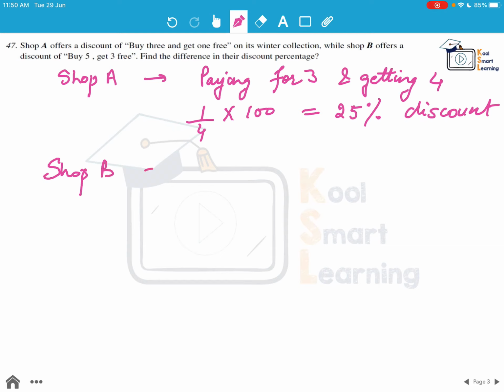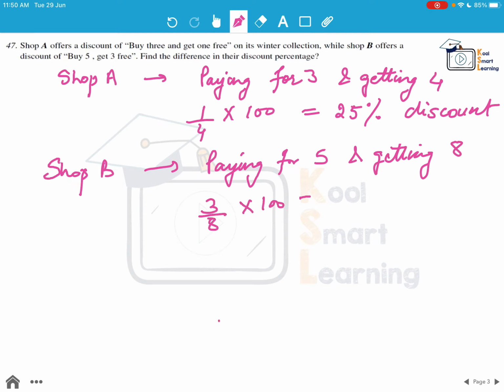Similarly for shop B, we are paying for 5 and getting 8. So the discount is 3/8 into 100, which comes out to be 37.5% discount. We have to find the difference in their discount percentage.